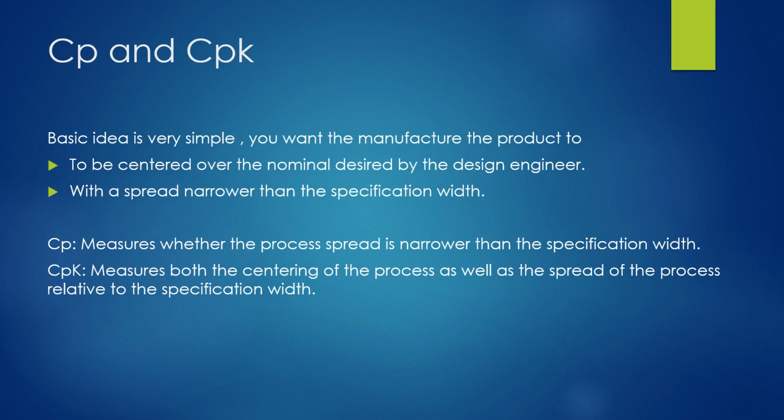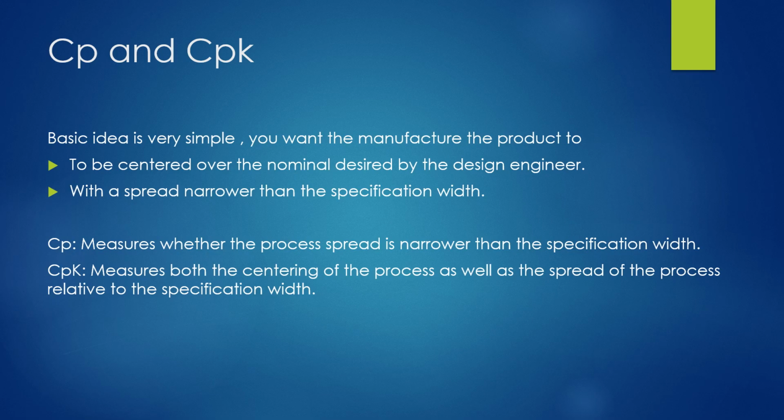Cp and Cpk show how our process is aligned, whether it is aligned to the lower areas or to the higher areas, or positioned in the center giving all the quality results. So here we go with a spread narrower than the specification limit. Our process should be narrower than the established specification limit.